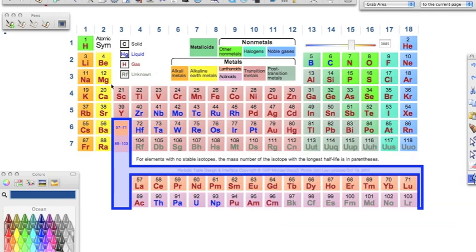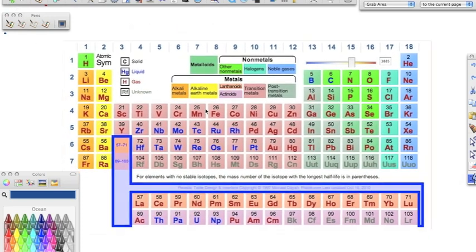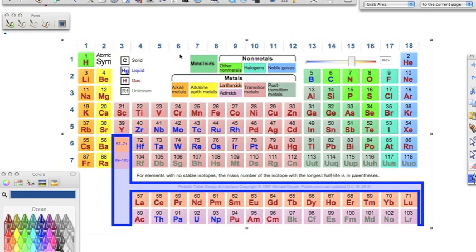The short answers, number 21 says, list the group, period, and block in which the element with the electron configuration it gives us belongs. We see we have our noble gas notation, Rn, which is radon, and 7s1.